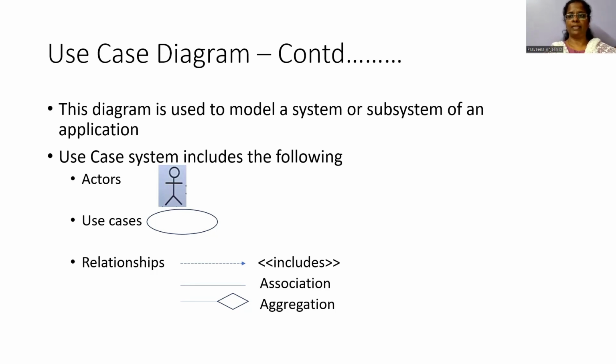I'll give you one example so that you can easily understand actors, use cases, and relationships. Use cases are the actions performed by a particular system, whatever model we are taking.